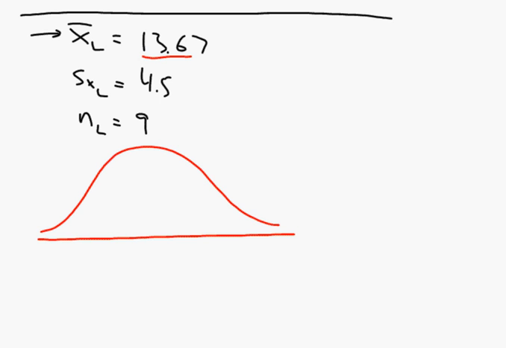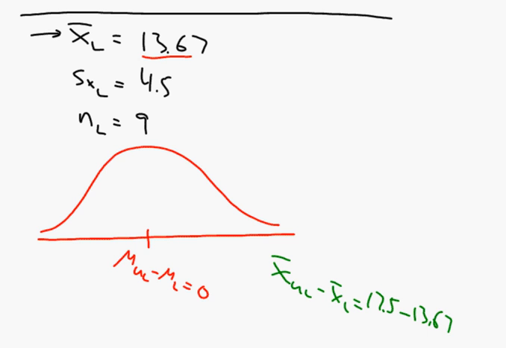So the null hypothesis is that the difference between these two things, unlogged lands and logged lands, is equal to 0. We got an x bar of unlogged minus x bar of logged equal to 17.5 minus 13.67, or about 3.83. So the question is, it's above this, is it far away or not?